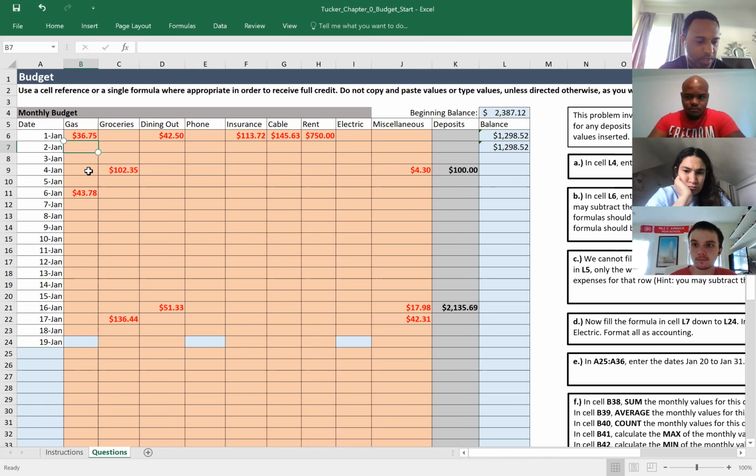What in the world? January 19, row 24. 22.37 for gas. And then 128.99 for phone.